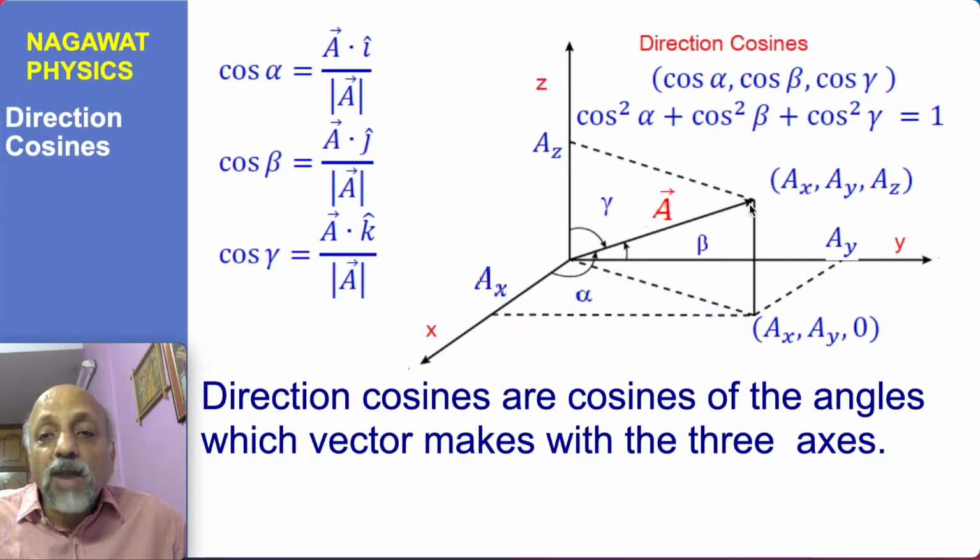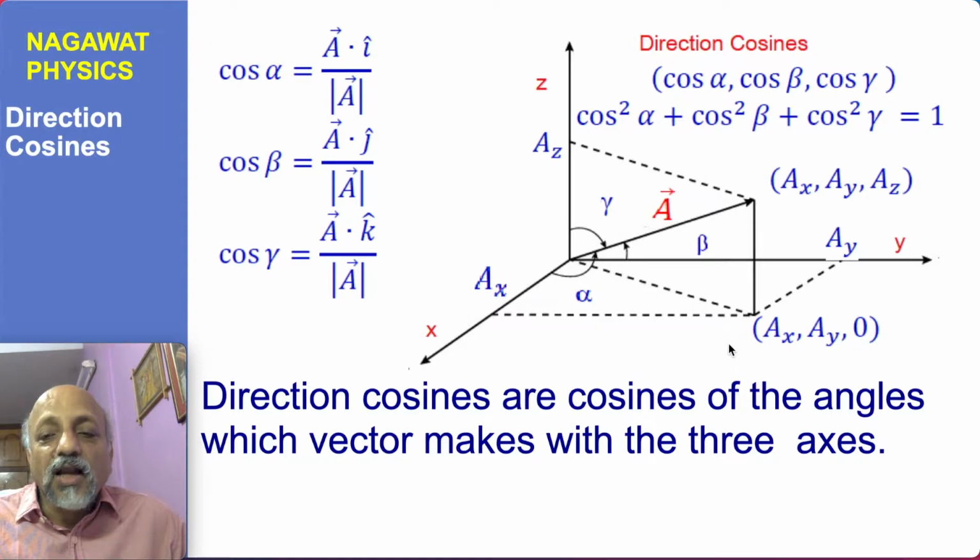If you drop a perpendicular from the point where the vector A terminates onto the xy plane, that point would have a position vector AXi plus AYj with no z involved, because the equation of the xy plane is z equal to 0.